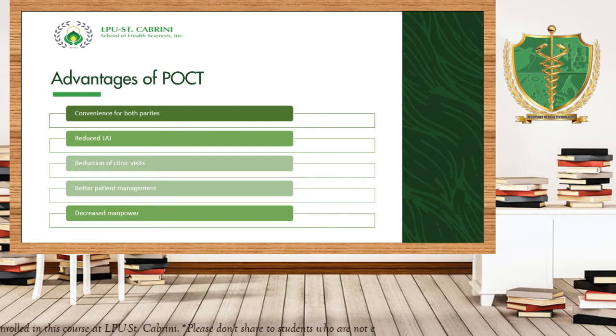The patient himself or herself can determine his or her glucose level at the comfort of their home. Thus, there is a reduction or minimizing of the number of visits to the laboratory or to the hospital. Another is better patient management. Why better patient management? It is faster.